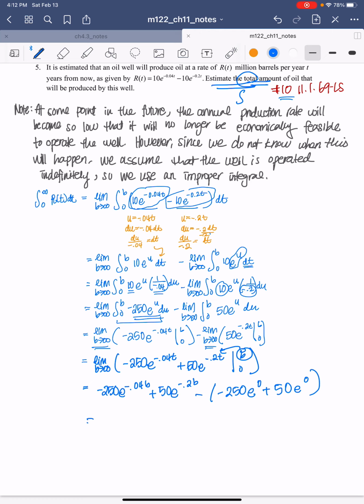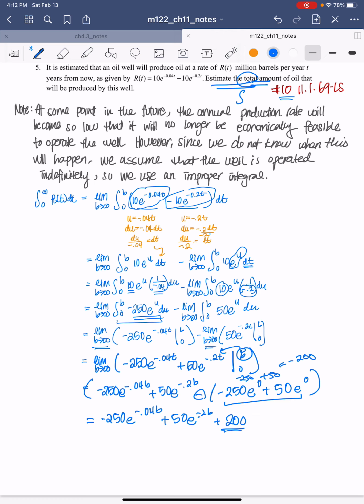So this part is negative 250 plus 50, which is negative 200. With the subtraction, this negative will make positive 200.